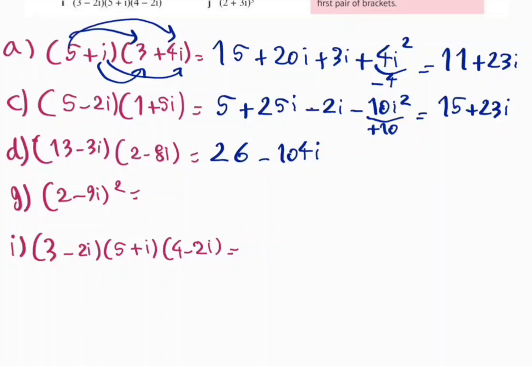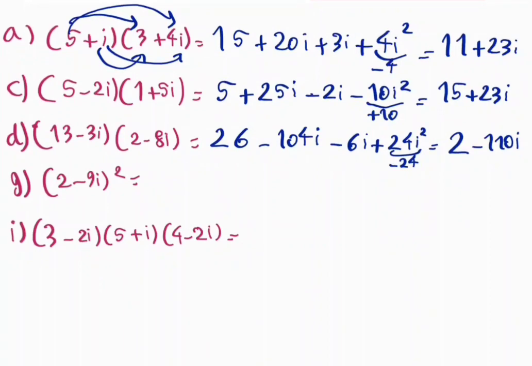Minus 3i times 2 is minus 6i, and minus 3i times minus 8i is plus 24i squared, but i squared is minus 1, and this is minus 24. So 26 minus 24 is 2, and minus 104i minus 6i is minus 110i.